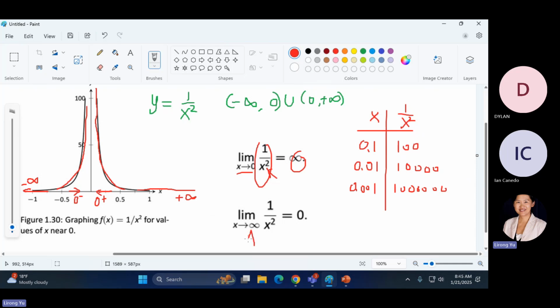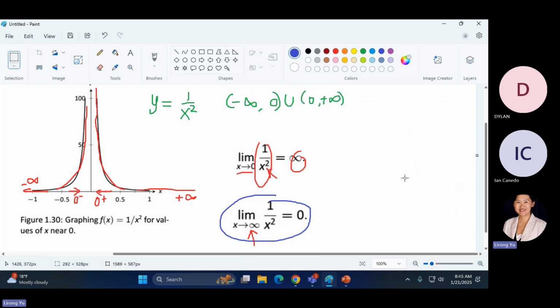In this case, x is approaching positive infinity. And when you see x approach positive infinity, that is x is taking on a really, really large number on the right side of the number line. So if we want to understand this limit with numerical calculation, I guess I could also set up a table. We can show when x is approaching larger numbers, what will happen to 1 over x squared.